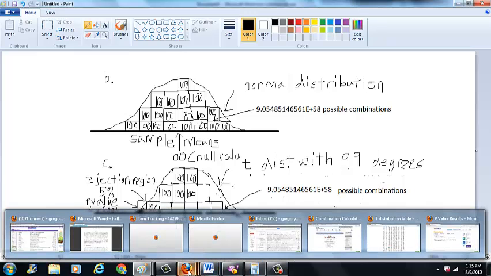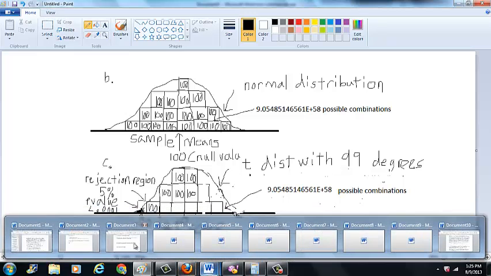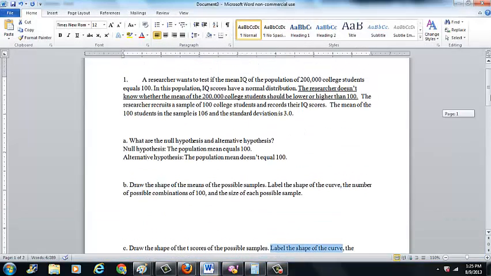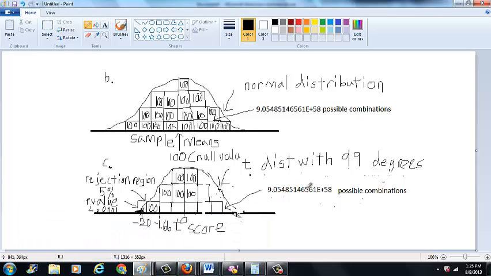You have to know how many degrees of freedom. We recruited a sample of 100 students, which means the degrees of freedom is 99. So once again, this would say 99 degrees of freedom.